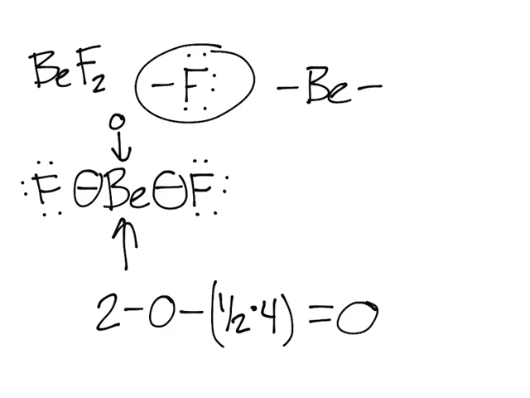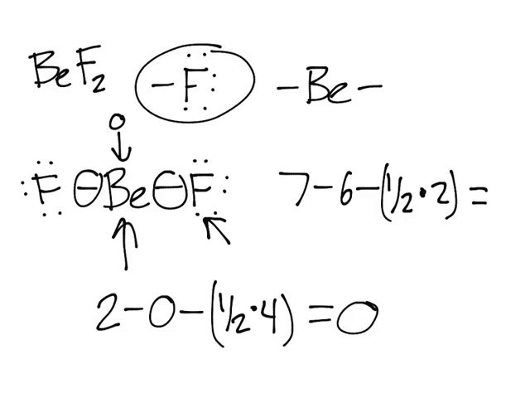Now let's try fluorine. So fluorine has 7 valence electrons minus 6 lone pair electrons, so 6 dots, and then minus 1/2 of 2, which is the number of electrons in the bond it has, and then that gives you again a formal charge of 0.